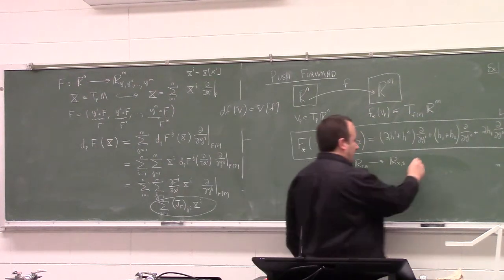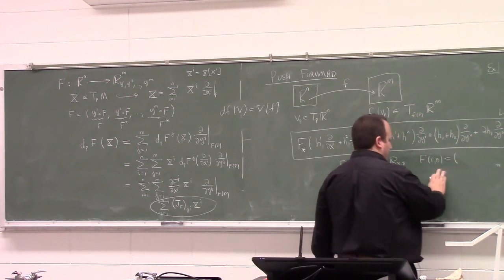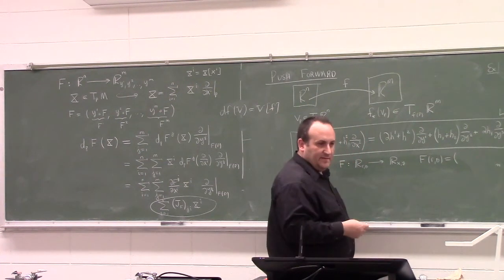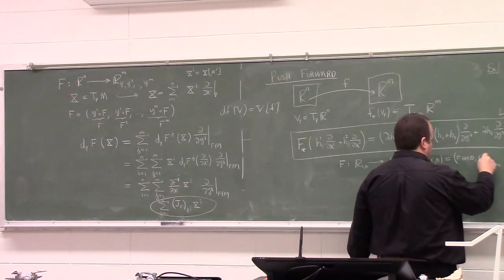So what's the formula I'm thinking of? f of r, theta equal to what? Coordinate change map, yeah? It's r cosine theta, r sine theta.